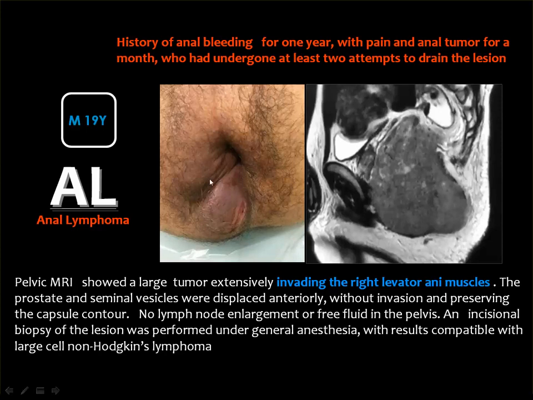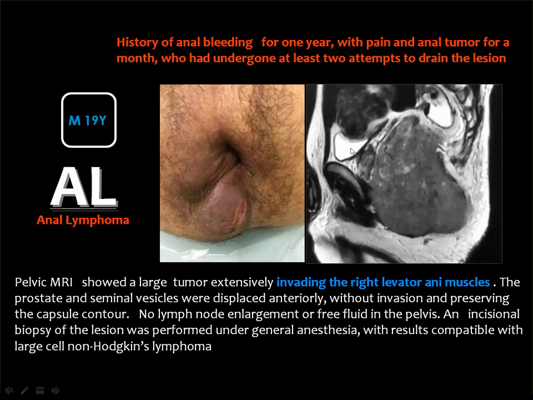And this lesion was suspected to be an abscess and was drained twice with no improvement. And the MRI showed a big lesion in the perineal area and also in the lower pelvis.